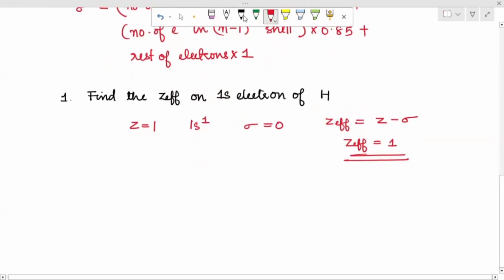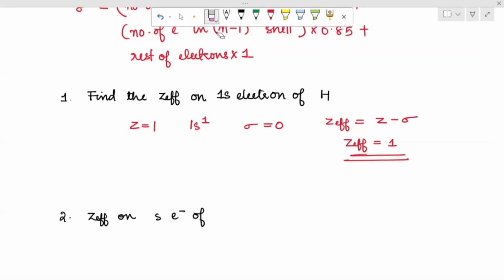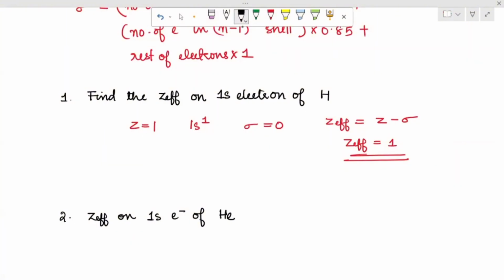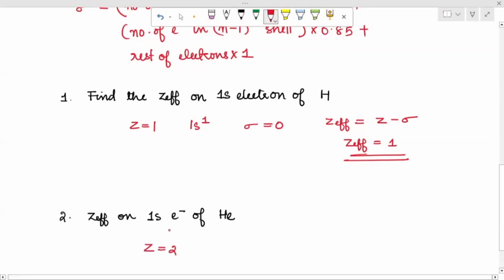Second, Z effective on the 1s electron of helium. When you have helium, understand that here Z is equal to 2, and more than one electron is present, so electron-electron repulsions will come, because of which there will be a value of screening constant.